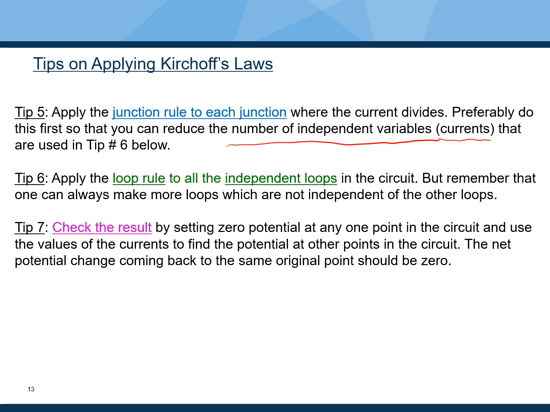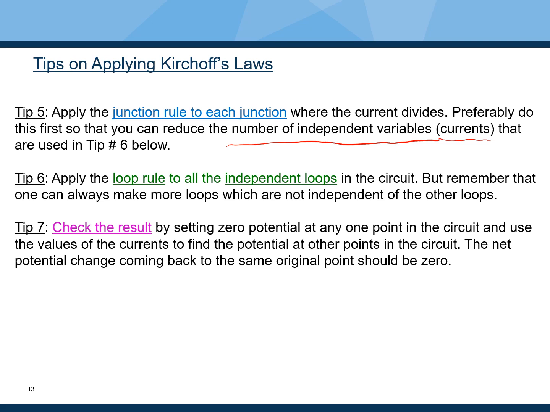By the way, to solve Kirchhoff's law problems, you will have to be good at solving problems where you have two linear equations in two independent variables, or even perhaps, on the off chance, three linear equations with three independent variables.